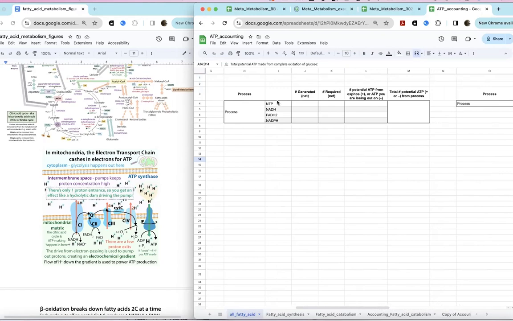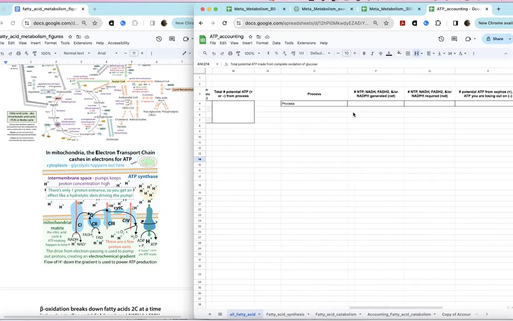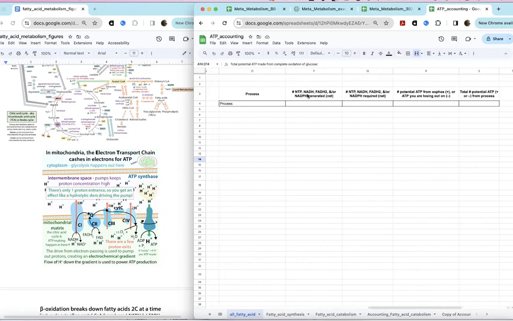You have the process, how many NTPs, NADH, FADH2, NADPH that you're using or that you're generating, and then taking into account oxidative phosphorylation. You can also make a simplified table where you can just combine things. So just write in one box how many NTP you're generating, how many FADH, and so on, instead of spelling them out in different lines.